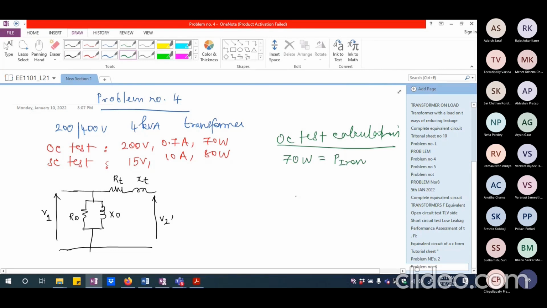So this is the iron loss. So we should be able to calculate 200 multiplied by 0.7 multiplied by cos phi is equal to 70 watts. Cos phi I should write as cos phi naught because this is no load condition, from which I should be able to calculate what is cos phi naught. Can you tell me what this value is? 70 divided by 0.7 divided by 200. How much is it?